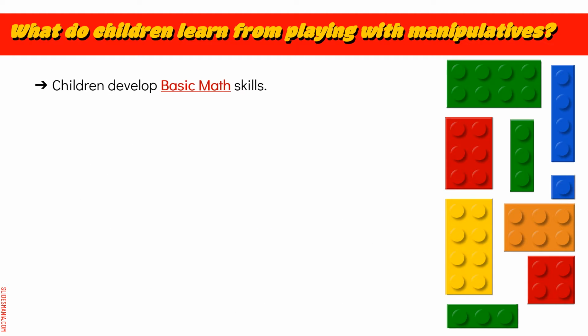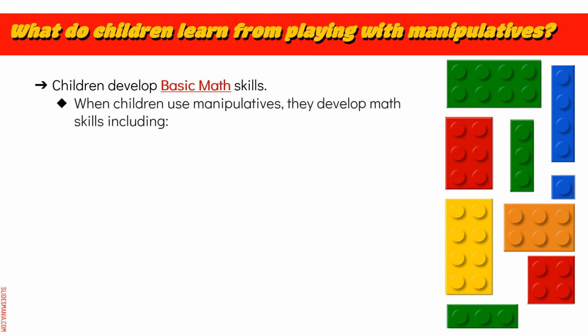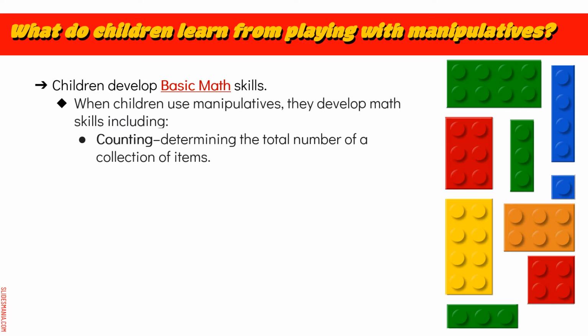In addition to fine motor skills, children develop some basic math skills through their use of manipulatives. When children use manipulatives, they develop math skills, including counting. Counting is determining the total number of items in a collection. Seriating is arranging the items in a certain sequence.